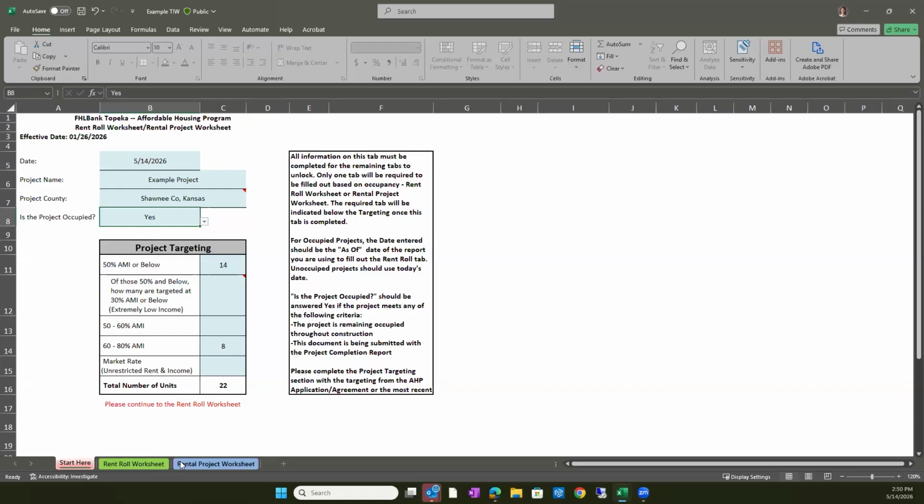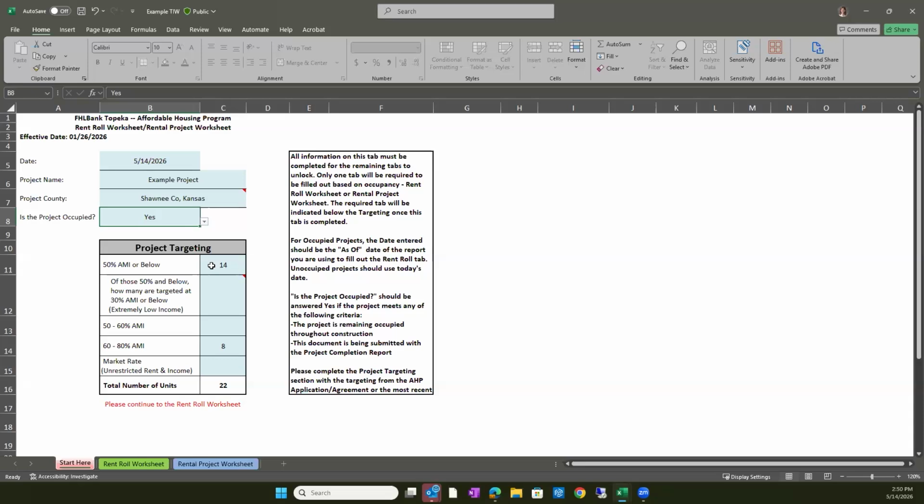I'm going to talk through both of these briefly, but again, if you have questions further down the line, please let us know. In the targeting section, the one thing I do want to note here, please make sure that the targeting that you enter here matches what you've entered in your application. There is a targeting section in the scoring.